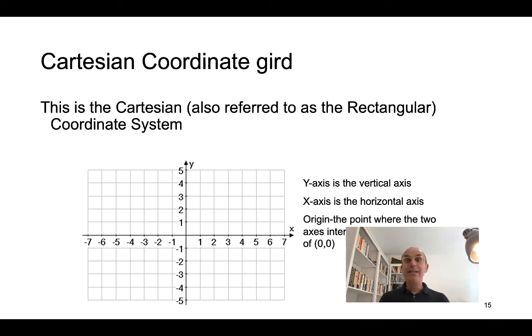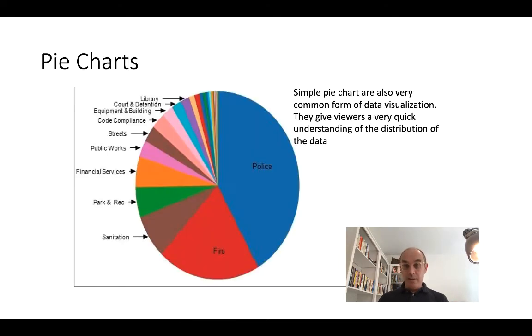One of the things that is often used, especially in data science, is the coordinate grid, which gives us coordinates where the data lies on the X and Y axes. This is very useful, especially when you have a large set of data and you want to see where it all lies in this grid.